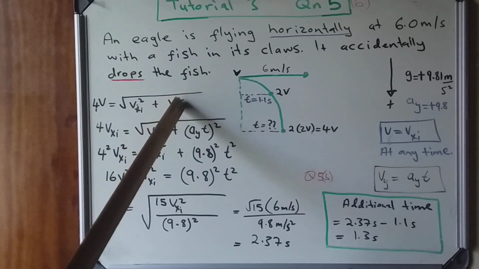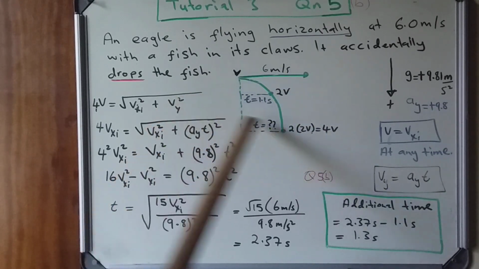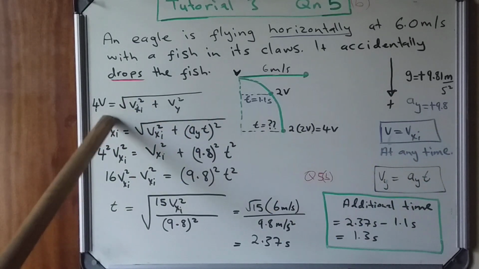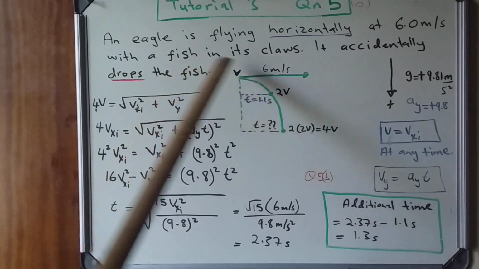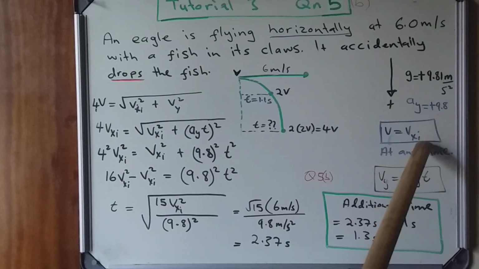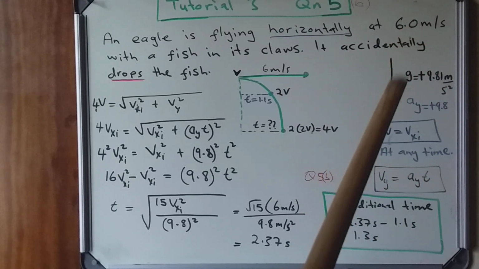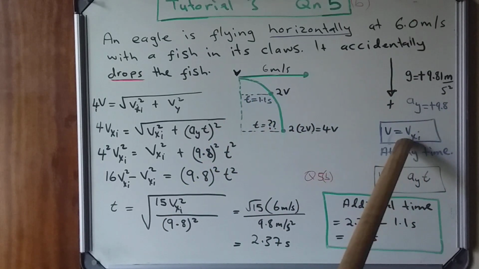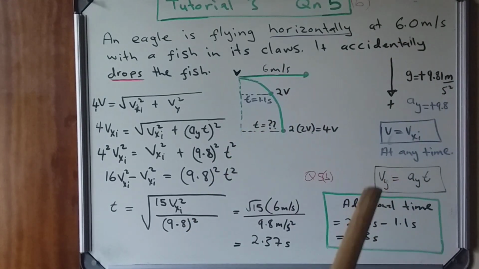Because the sine of 0 of the angle here, the component of the y was 0. That is why vx was equal to vxi before we had the 4. So we concluded that at any time v, which is the speed of the fish, is equal to vxi. What is the vxi? That is the component which we calculated. It was still 6 meters per second. So whenever you see vxi, you are going to substitute it by 6 meters per second.